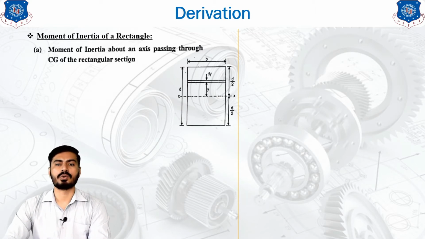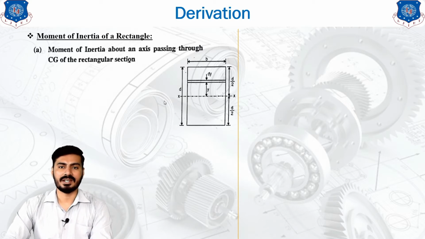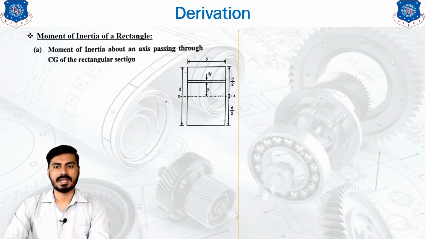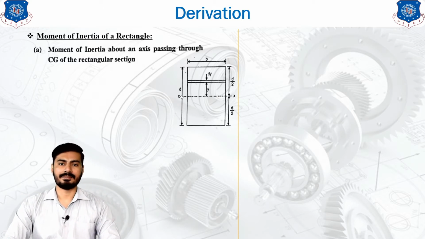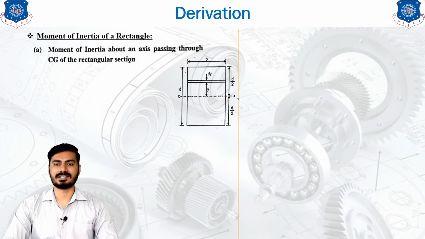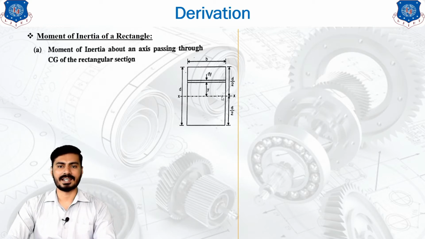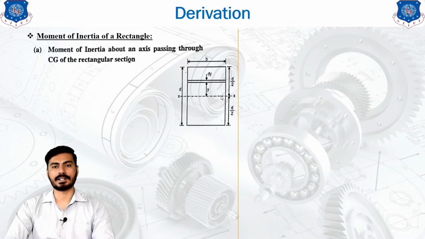So the shape is shown in a figure like this, and as you can see, the shape has the depth d and the width b, and this shape can be divided into two equal parts, because the centroid or the center of gravity of the rectangle is always in the middle of the part, and that's why the line which is passing through the centroid of the rectangle is this middle line.